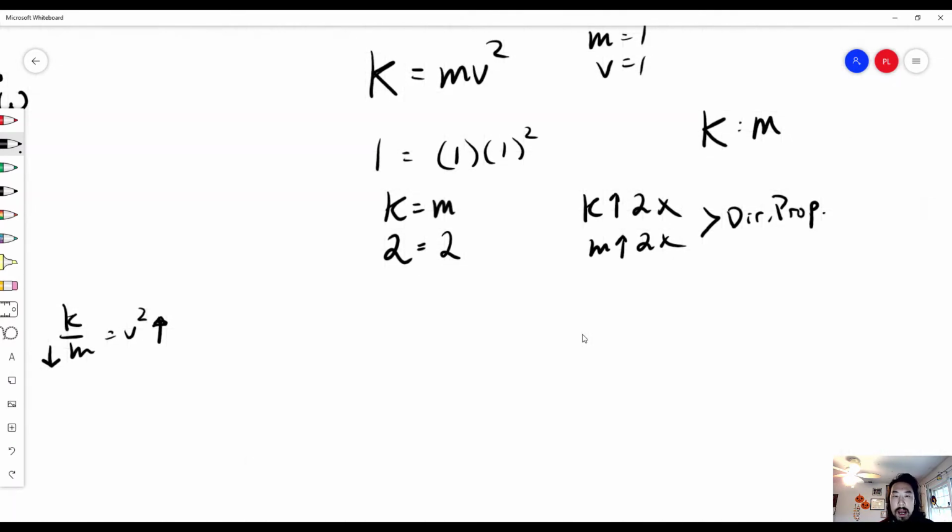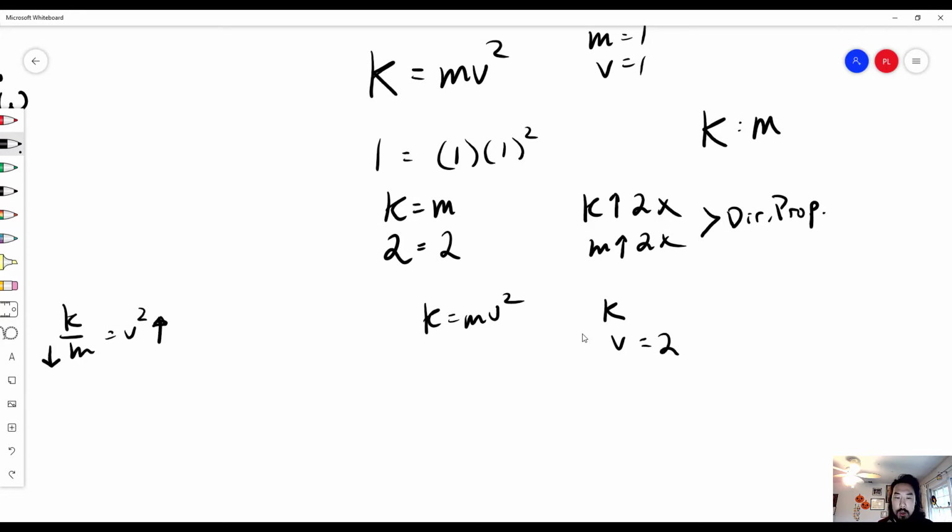Now let's try the v squared. If we have k equals mv squared, let's look at the relationship between kinetic energy and velocity. Let's say velocity is now 2. What will kinetic energy be?